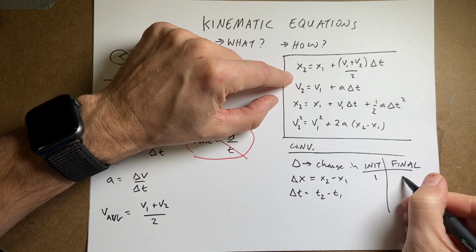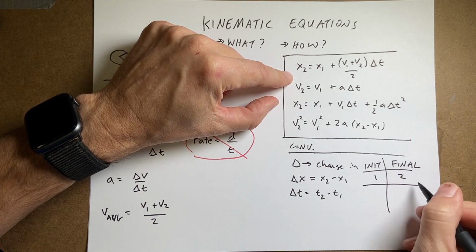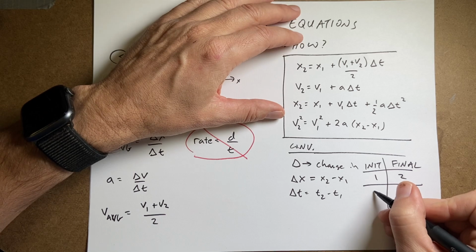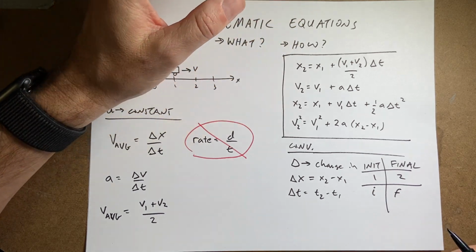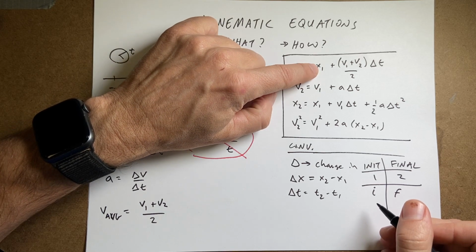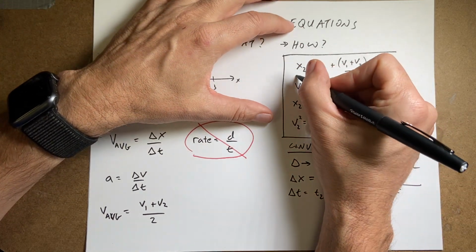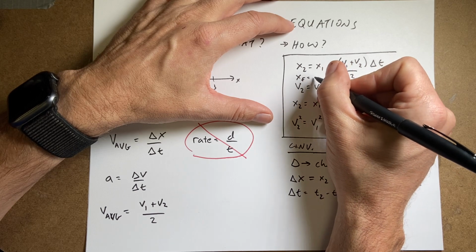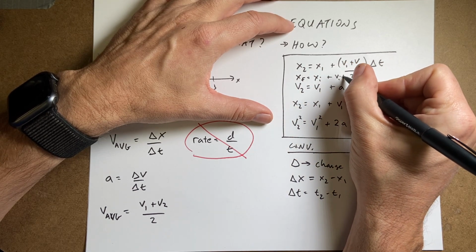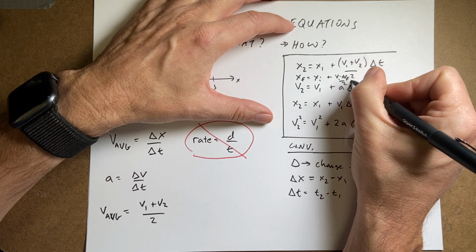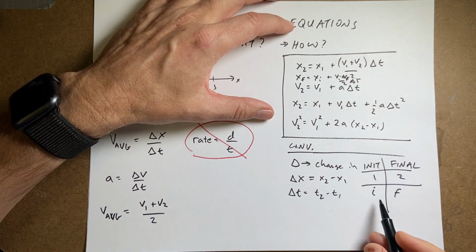I use 1 and 2. You may have a book that uses I and F. It's the same thing, right? If I say XF equals XI, it's the same thing. I could write it up here: X final equals X initial plus V initial plus V final over 2, ran out of room, over delta t. So that's the first one.